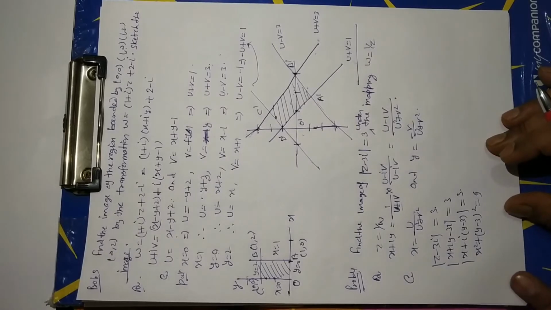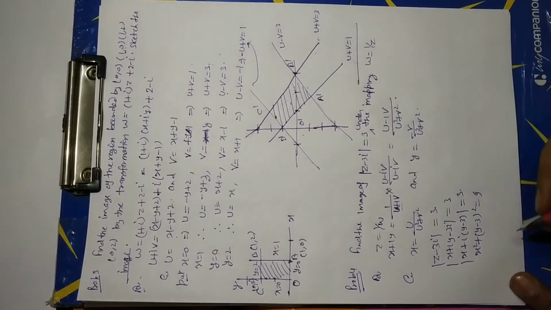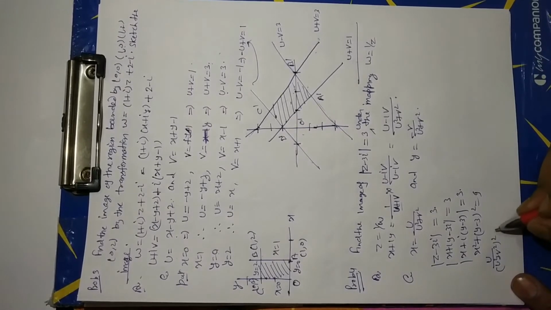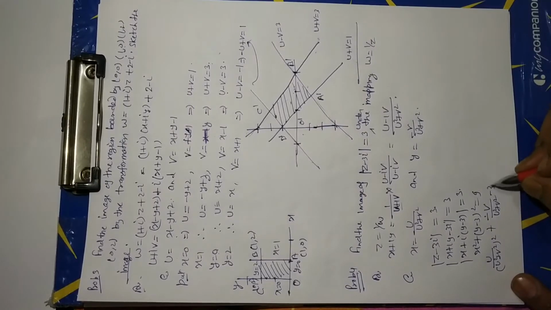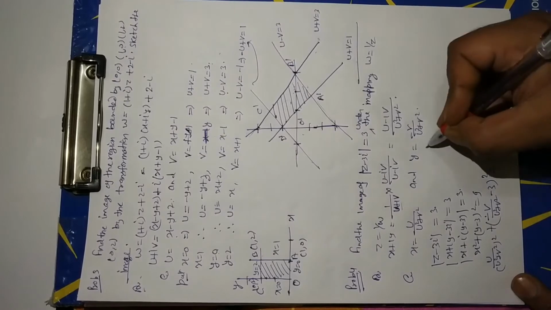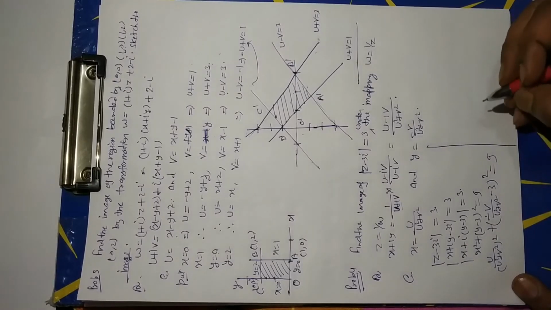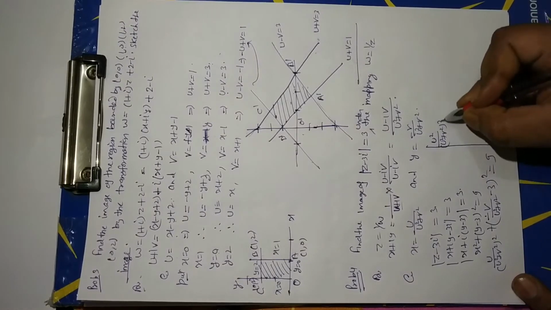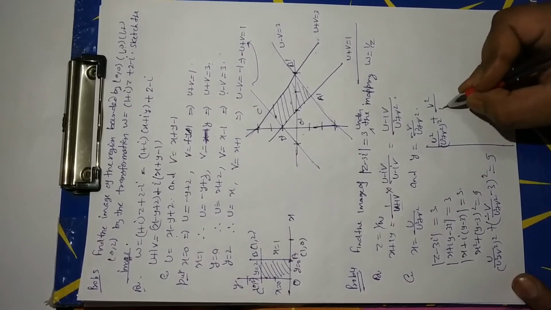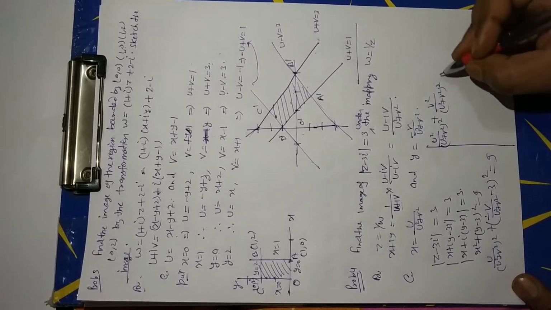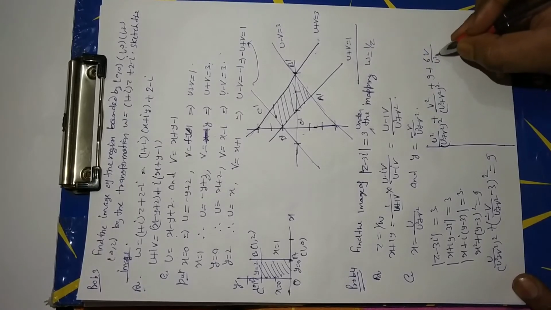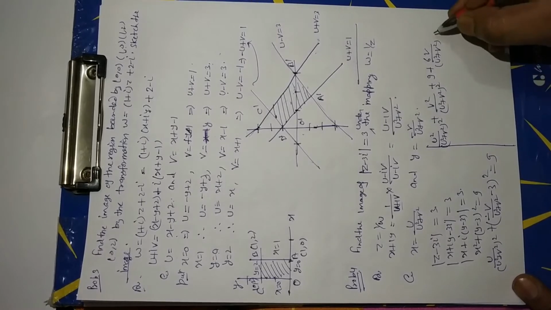Now putting the value of x and y, (u/(u² + v²))² + (-v/(u² + v²) - 3)² is equal to 9. Then we get u²/(u² + v²)² + v²/(u² + v²)² + 9 + 6v/(u² + v²) is equal to 9.